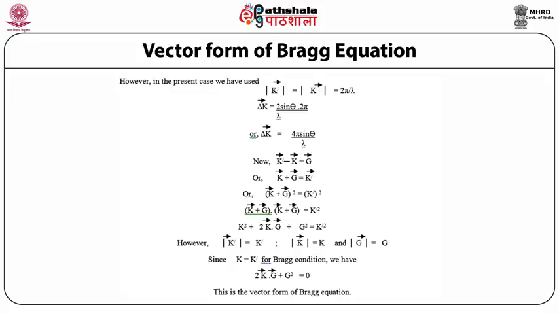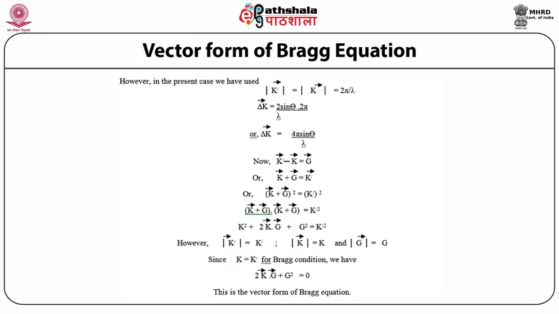Now K prime vector minus K vector is equal to G vector, or K vector plus G vector is equal to K prime vector, or we can say K vector plus G vector whole squared is equal to K prime squared.